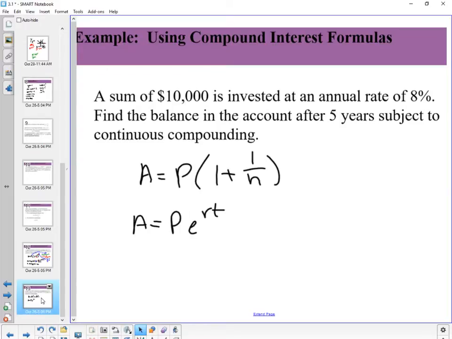This will become 10,000 e to the 0.085. We can't plug it in the formula. I tried to, but obviously you can't because n goes to infinity, and there's no number large enough to plug in for infinity. I could put in a really big number and approximate, but this would be exact.